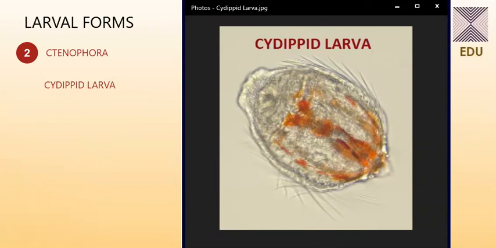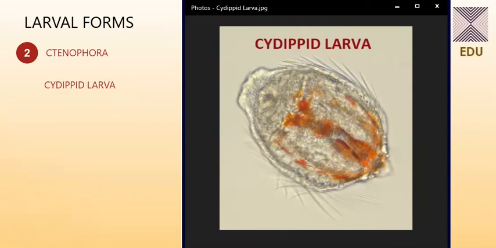So as we have seen in the previous diagram, the adult cydippid ctenophore, so this particular larva is quite resembling that particular adult form. If I talk more about this particular larva, it is having a body that may be slightly compressed. So it is a dorsoventrally compressed body, and there are two retractable tentacles present, as we have seen in the case of the adult.